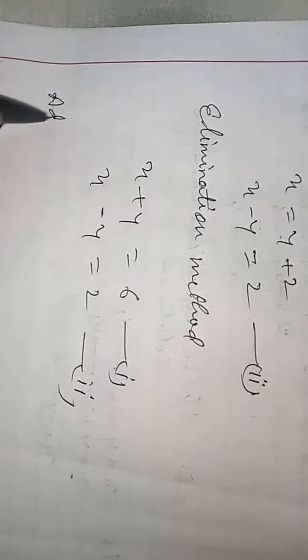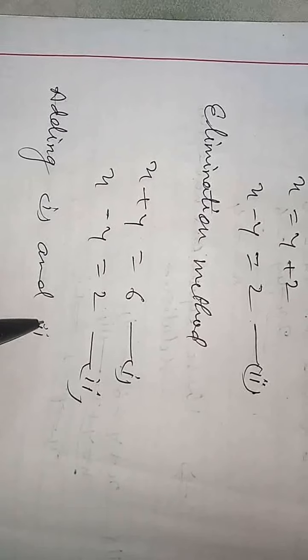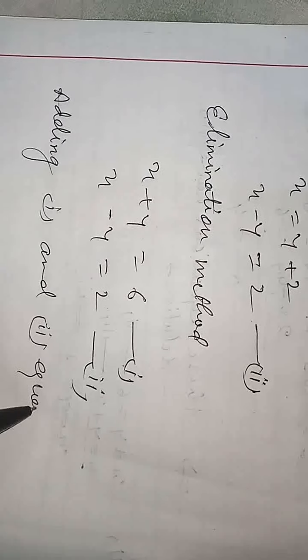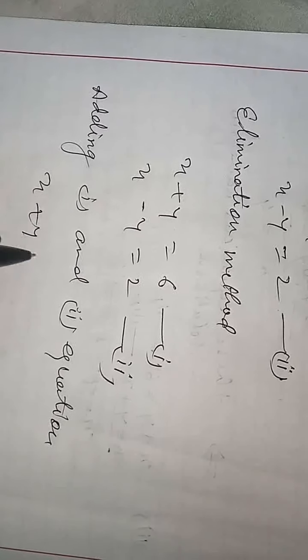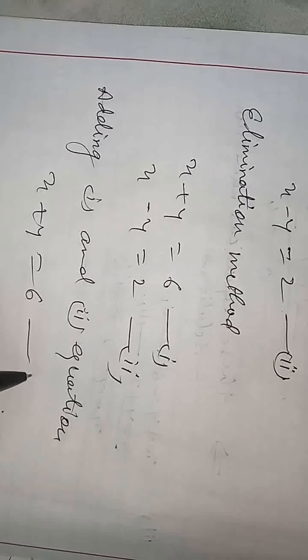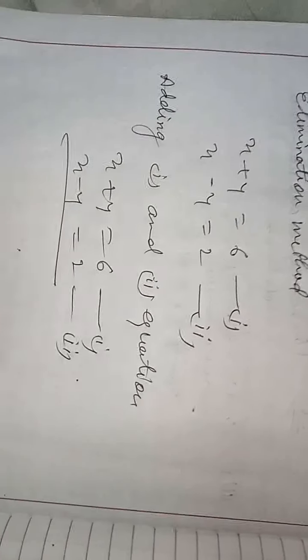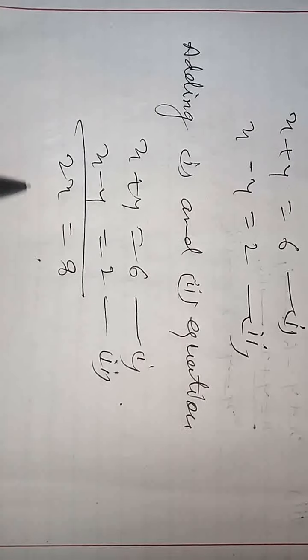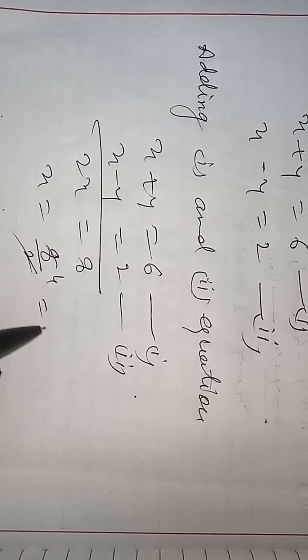Adding first and second equation, so x plus y is equal to 6, x minus y equal to 2, y cancelled, 2x equal to 8, so x equal to 8 upon 2, 4.